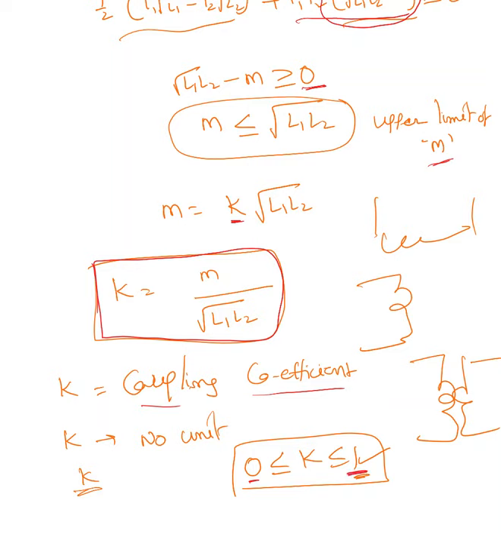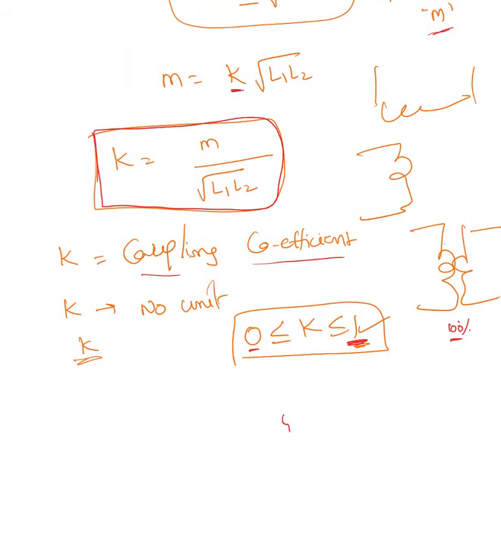So if the K value is 1, that indicates that these two coils are 100% magnetically coupled. That means coil 1 produces magnetic flux. If I connect it to the source, that magnetic field or magnetic flux is 100% connecting to coil 2. That's when K equals 1.